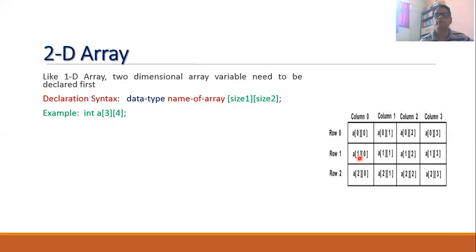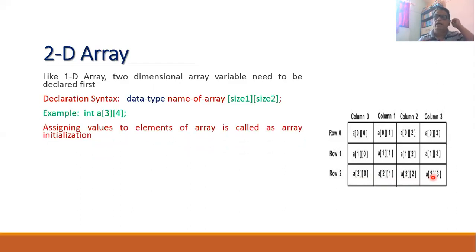Therefore, the first element of row 1 will be A10, the second element will be A11, the third element will be A12, and the last element will be A13. In the third row, the row number changes again and becomes 2. So the first element will be A20, then A21, then A22, and finally A23.